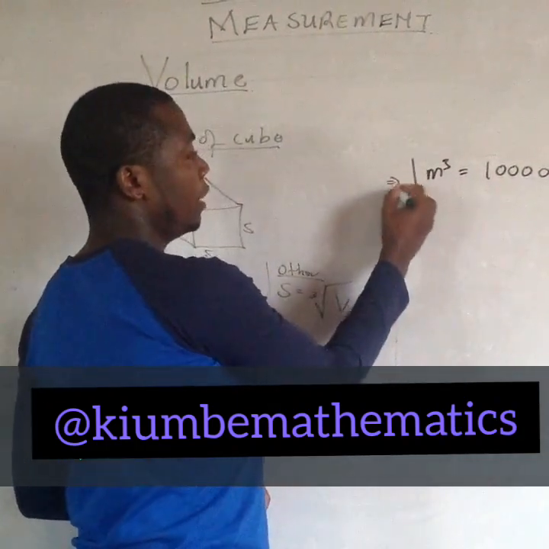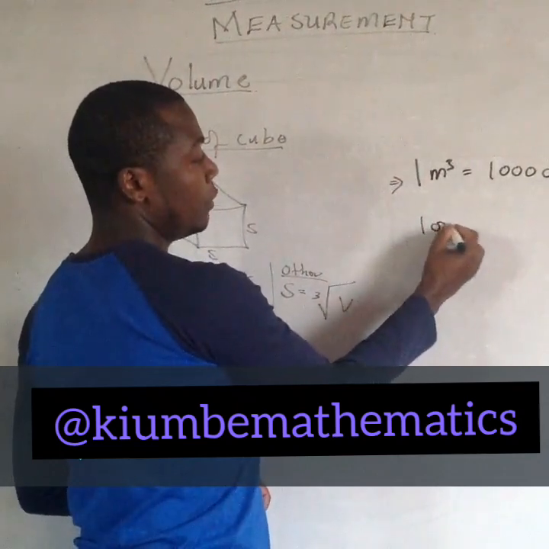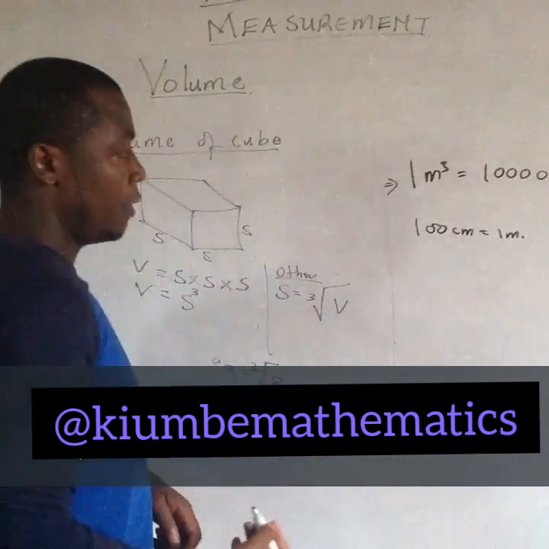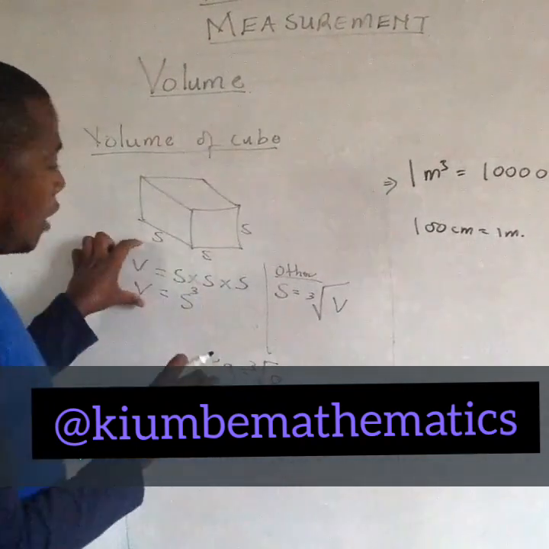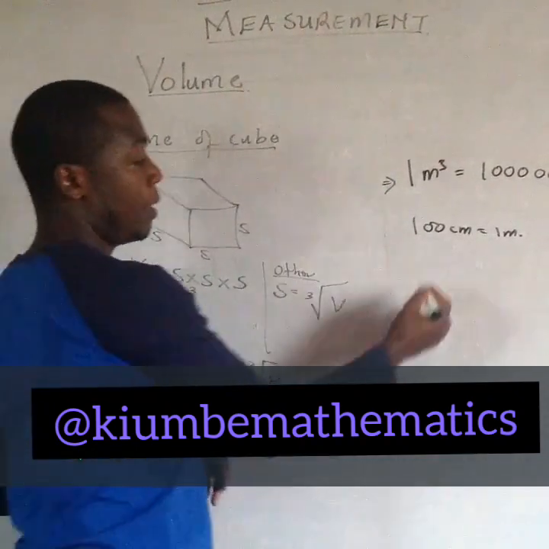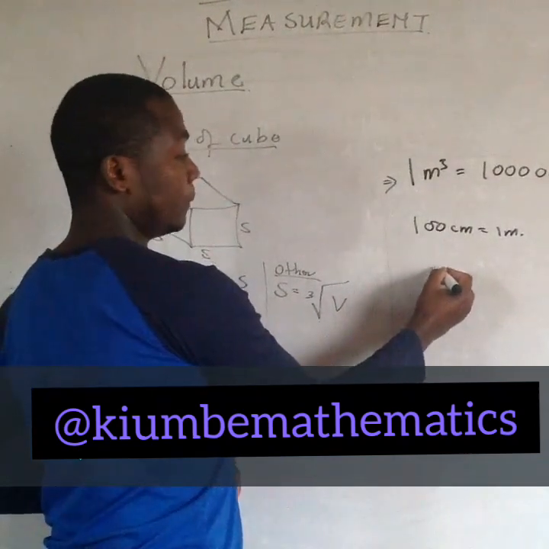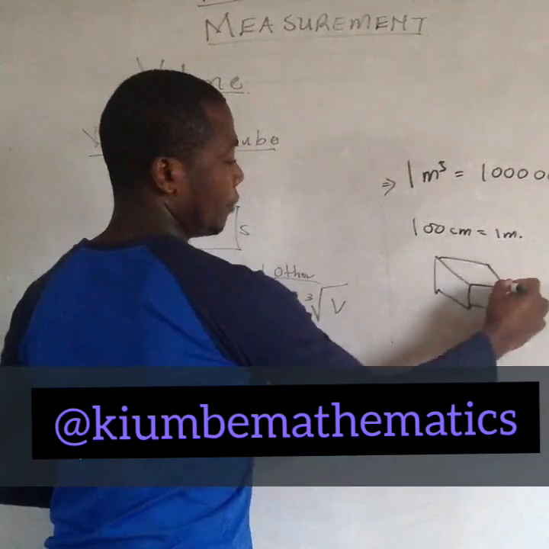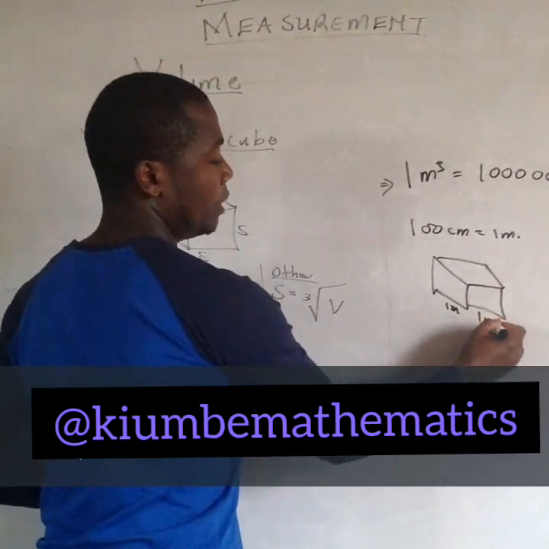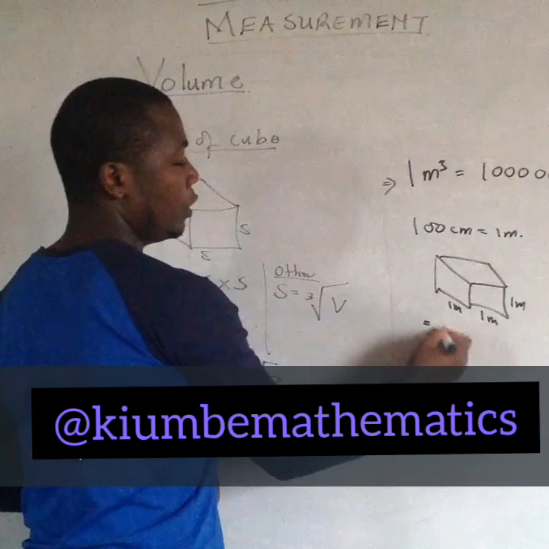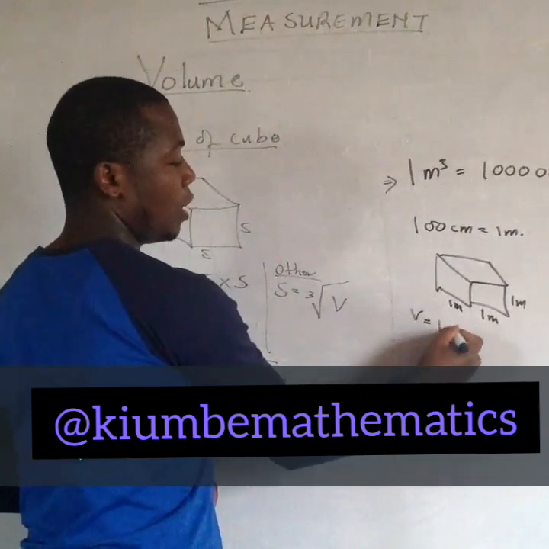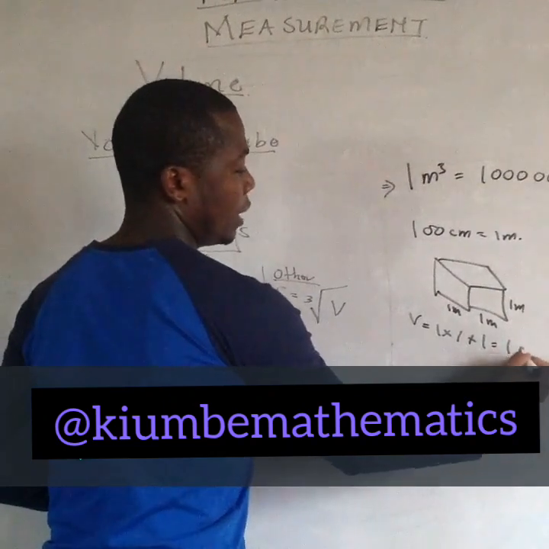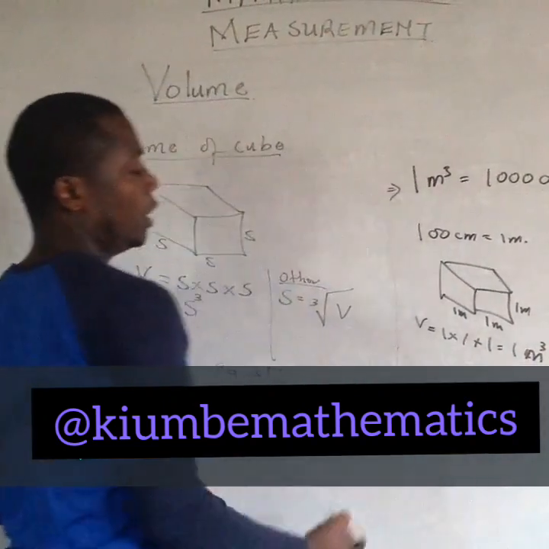We know 100 centimeters is equal to 1 meter. Therefore, if we use our cube as our setup, if you have got a cube that is measuring 1 meter by 1 meter by 1 meter, we know that its volume is 1 by 1 by 1, which is equal to 1 meter cubed.